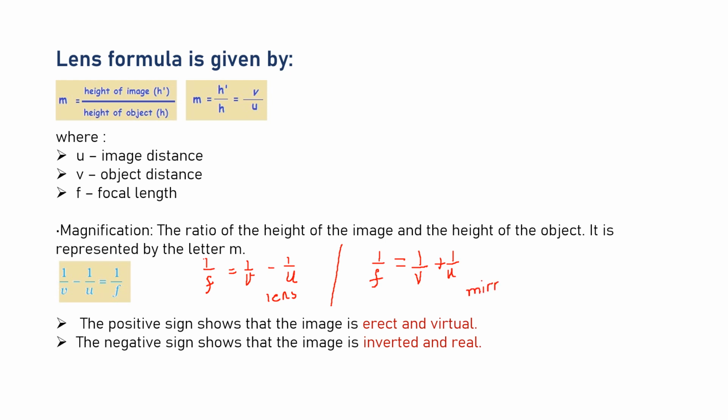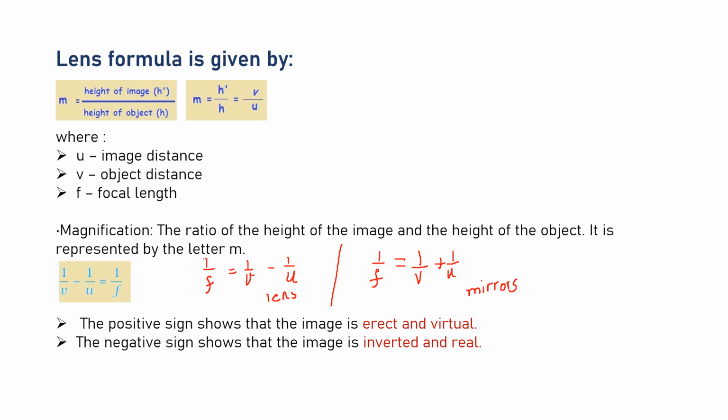Mirrors, fine. So when you are writing notes, please write both the formulas together, so that it can be easily understood, or else you can just remember the image formula of mirror and the magnification formula of mirror, and just the opposite of that is the formula of lenses. Okay, so this is what you have to know.